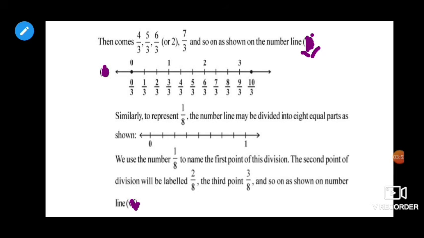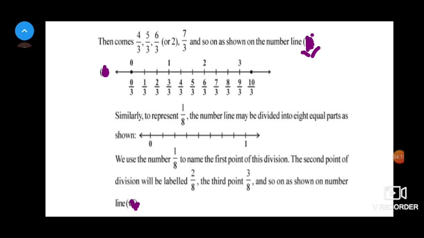Next, all are positive numbers. If it is positive, we have to move towards the positive. If it is negative, we have to move towards the negative. So now take the first number, 4 by 3. Here we can observe that it is a positive number.